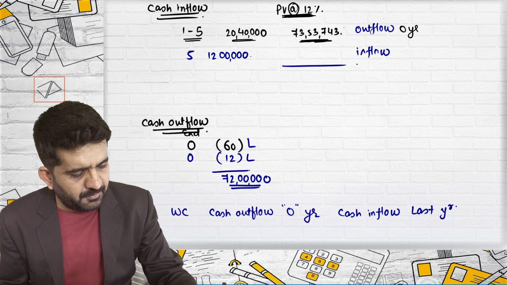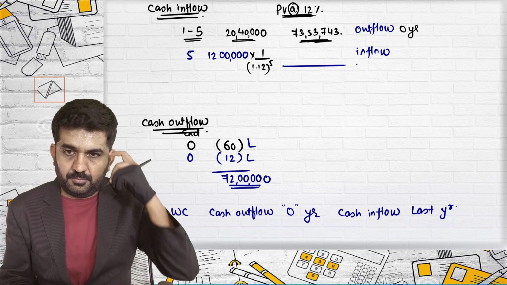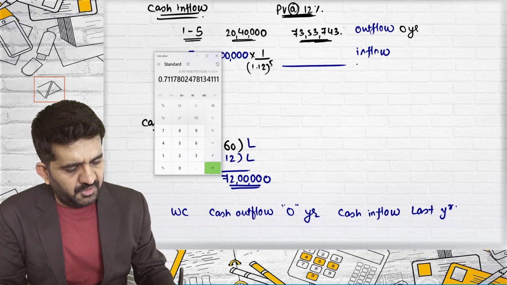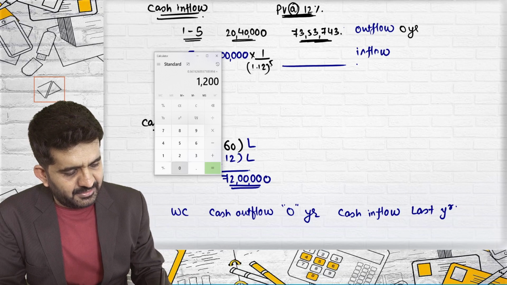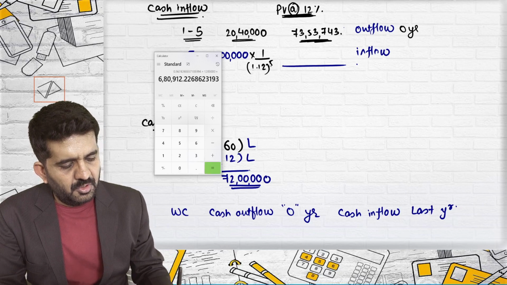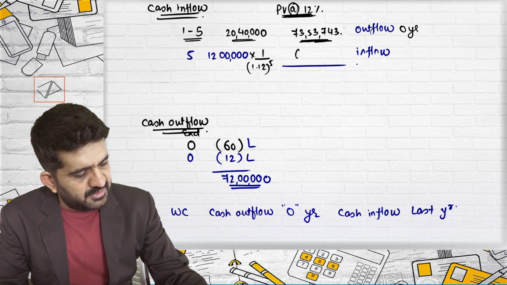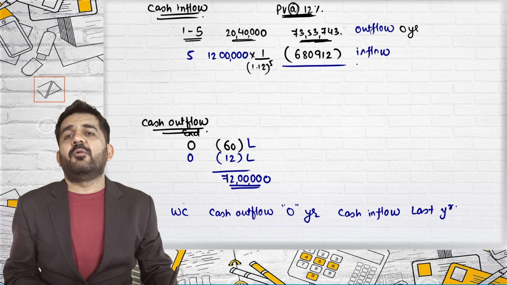How to find out present value? 12 lakh into 1 divided by 1.12 raised to 5. It is 1 divided by 1.12, 1, 2, 3, 4, 5, multiplied by 12 lakhs, which is 6,80,912. This now I can deduct.